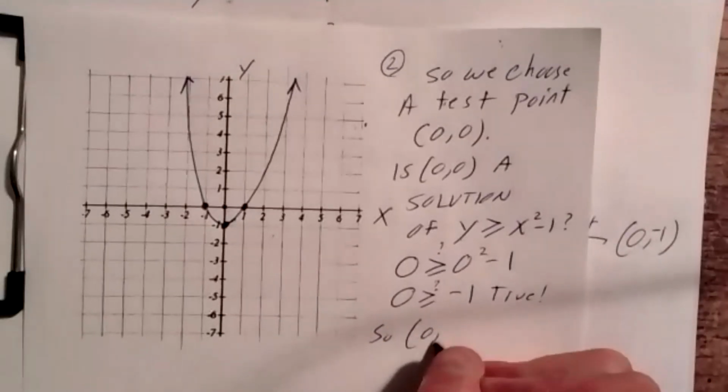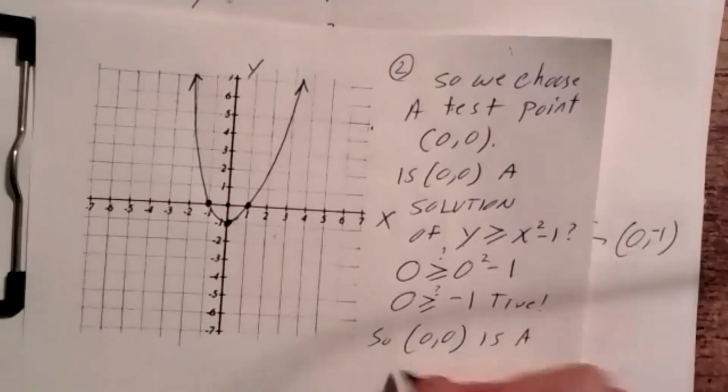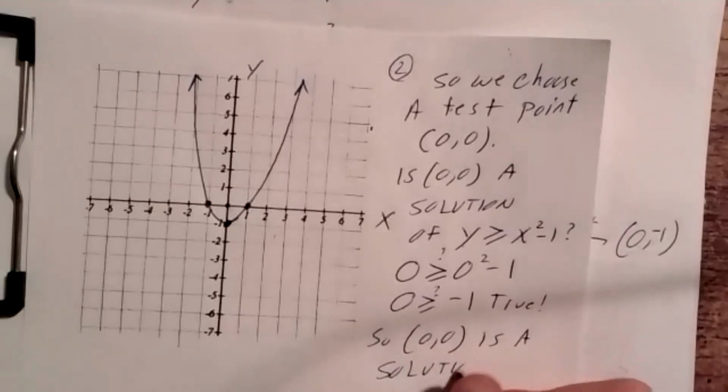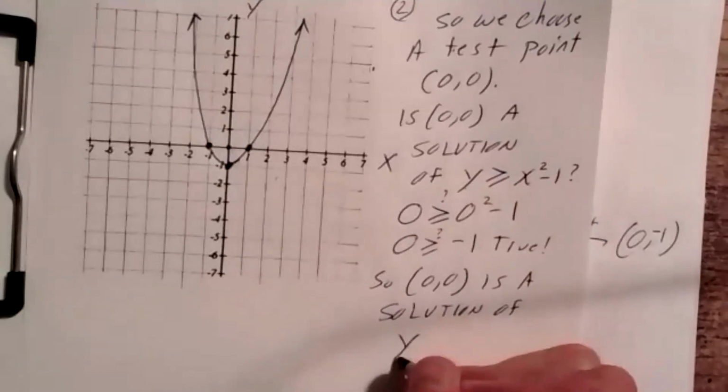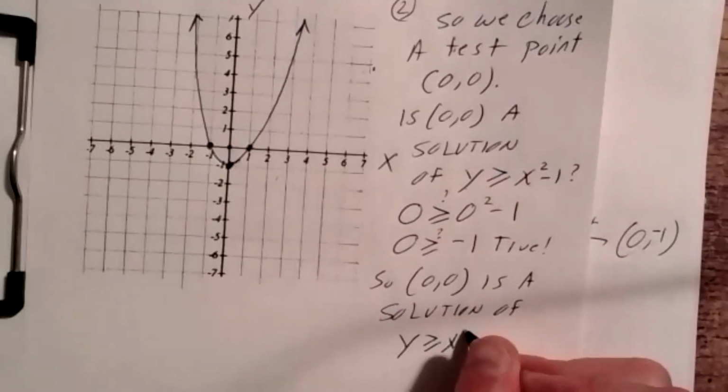So 0, 0 is a solution of the inequality y greater than or equal to x squared minus 1.